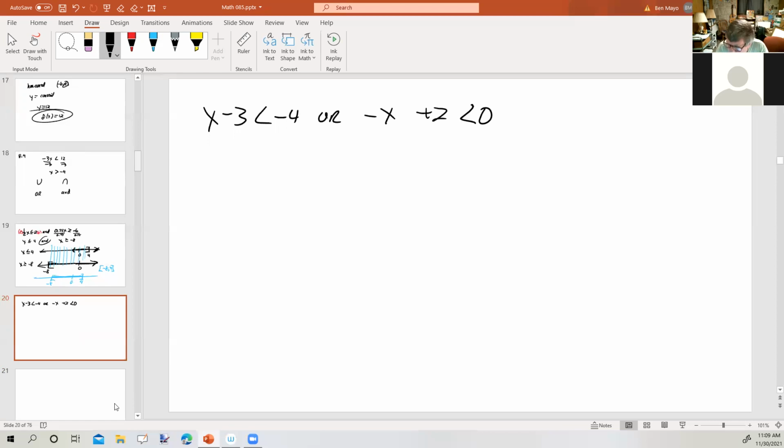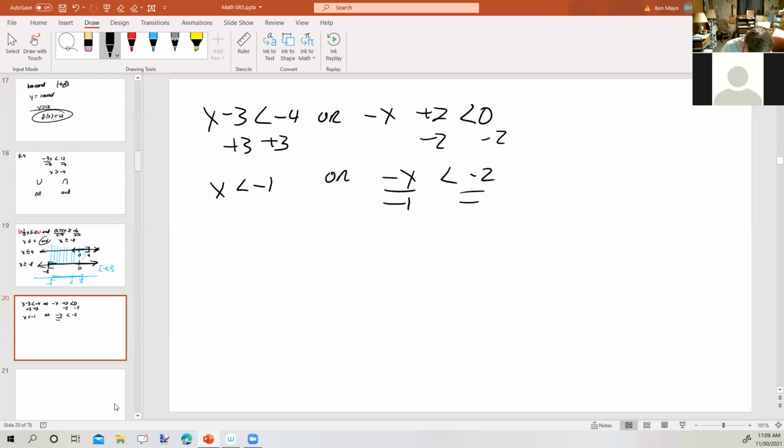Again, we're going to solve each inequality with the variable on the left. So I'll add 3 to both sides, x less than -1, or subtract 2, -x less than -2, divide by -1. So then I change the direction of the symbol. So I've got x less than -1 or x greater than 2.